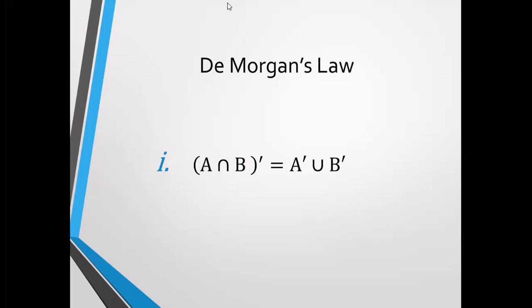There are only two formulae. The first one is A intersection B whole dash is equal to A dash union B dash. There's a pattern, a relationship, you have to identify it. So we have A and B whole dash, or A intersection B whole dash.